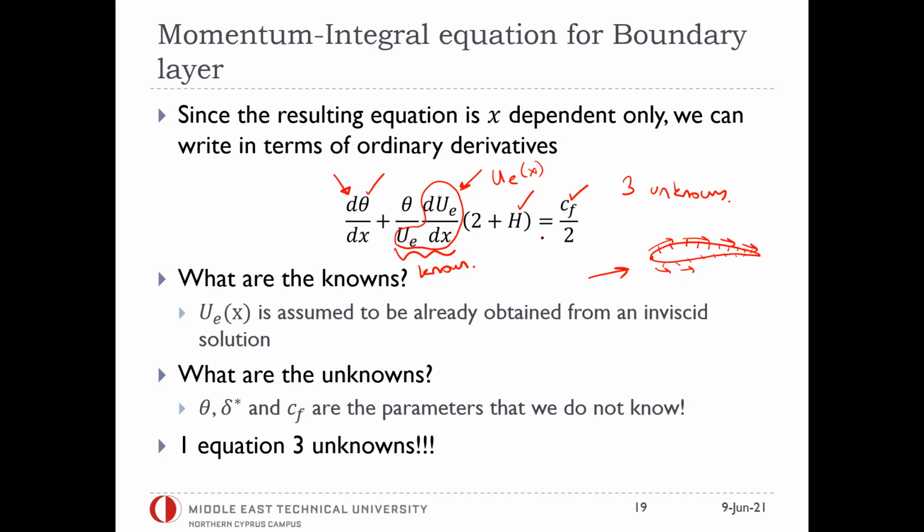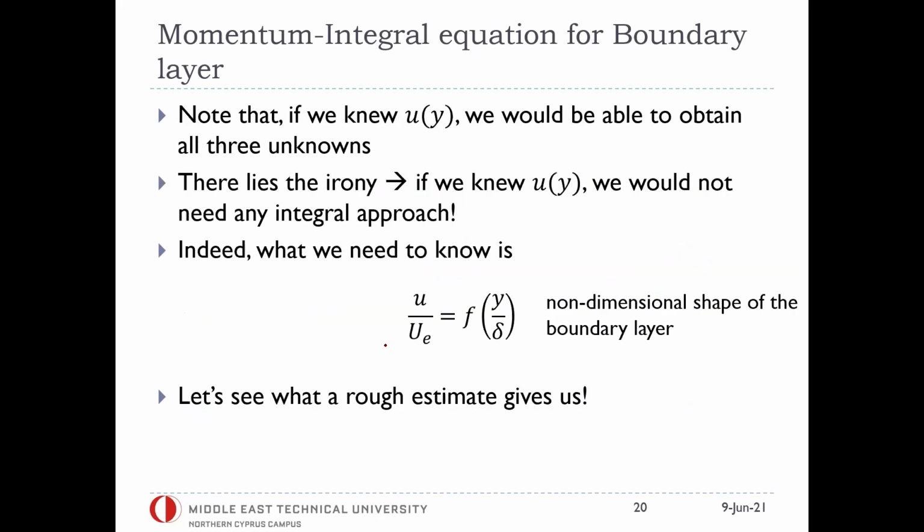So the problem is we have three unknowns and one equation. What are we going to do about this? Because this is only one equation here. In order to solve this equation, we need to know the velocity profile, meaning the variation of especially the streamwise velocity U with the y coordinate.